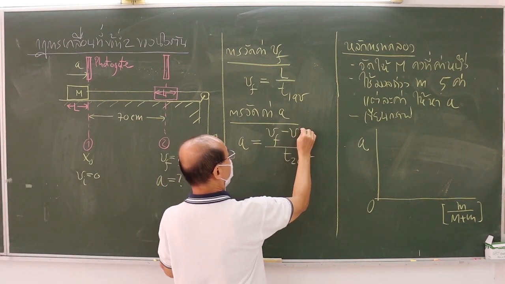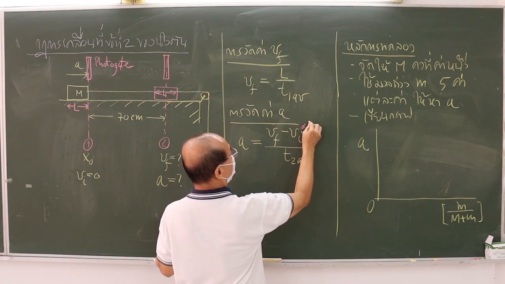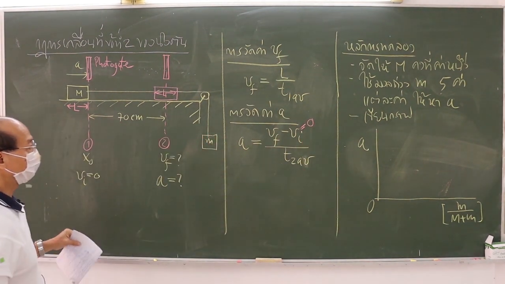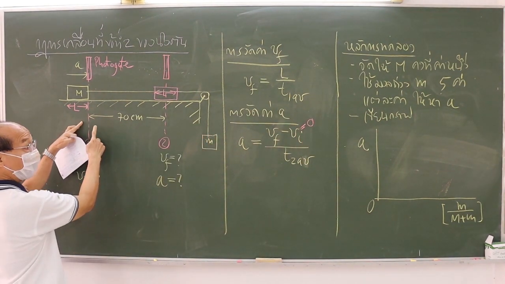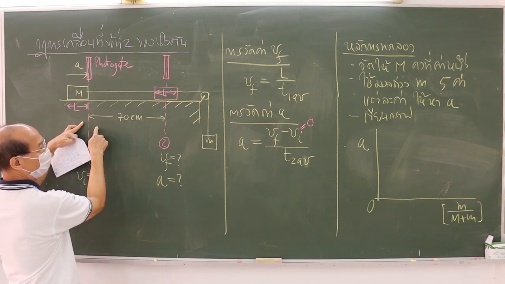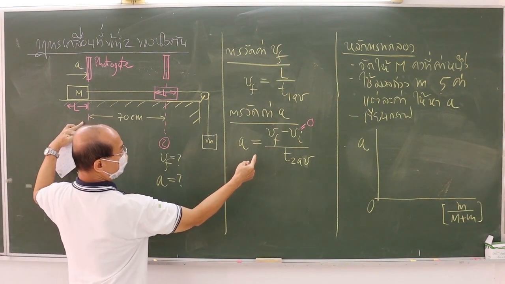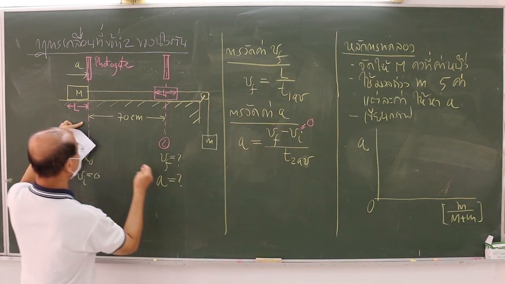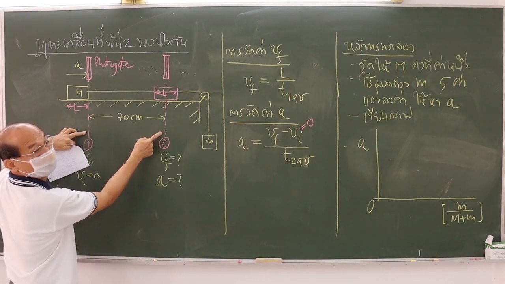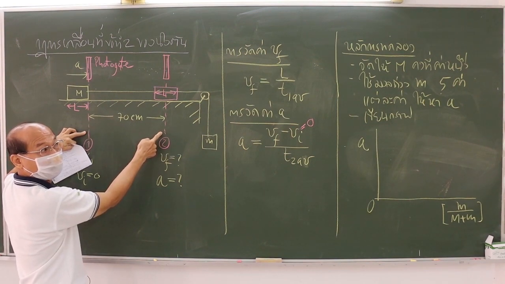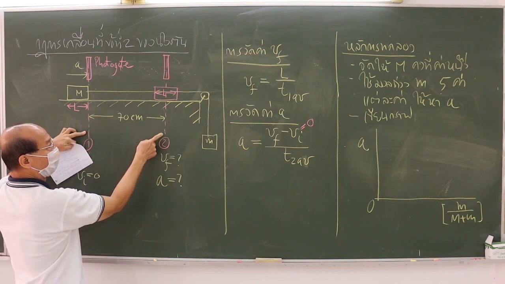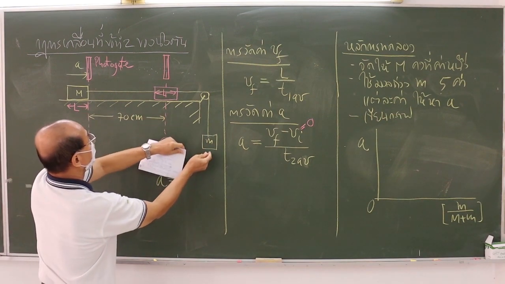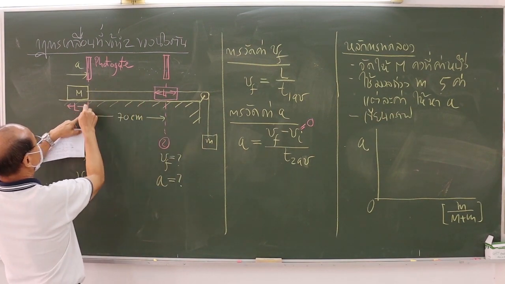We do the experiment by letting the object start from rest at position 1 and move to position 2. We have to pull the system back to the initial position x0, and then let the system move from point 1 to point 2.